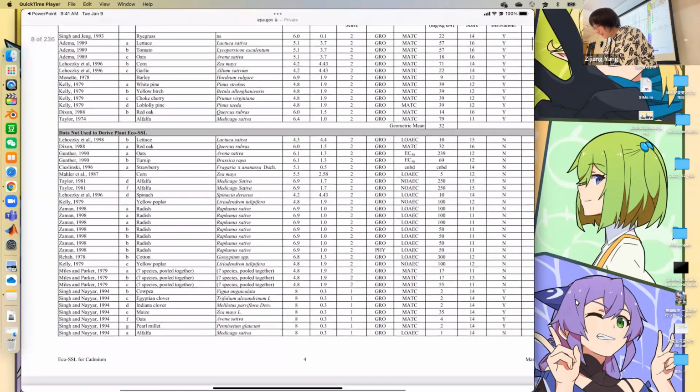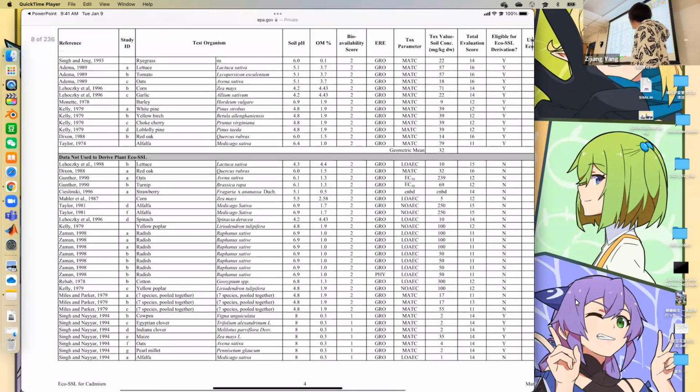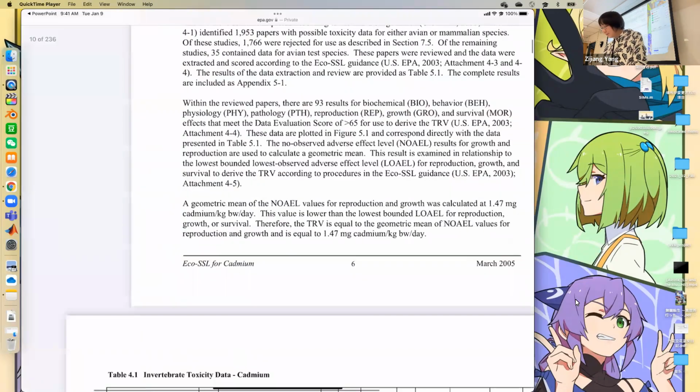And if we go, we can see that they have different references. So basically, they just summarize the previous studies and then give a reasonable toxicity reference value from the literature.